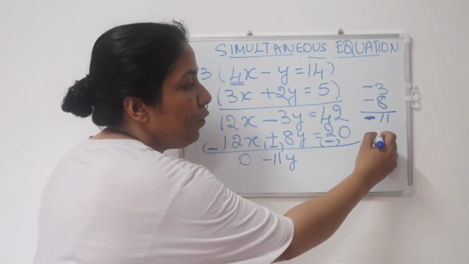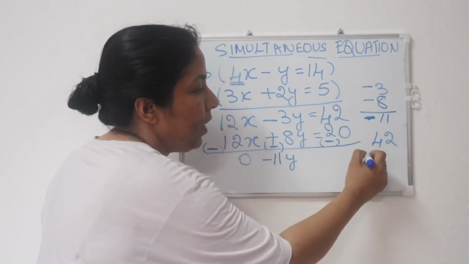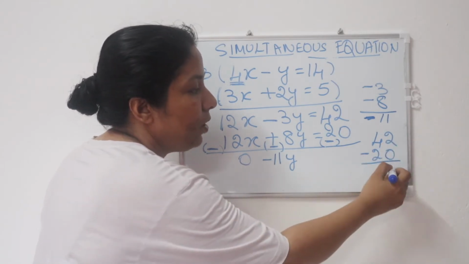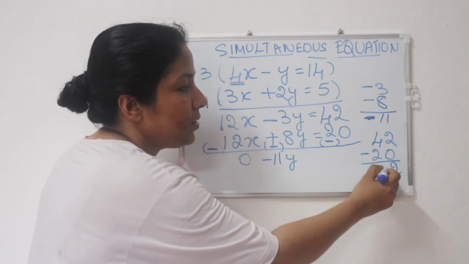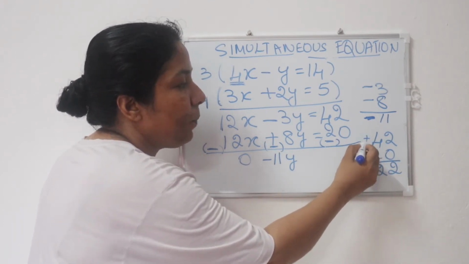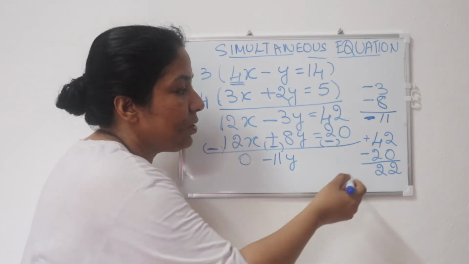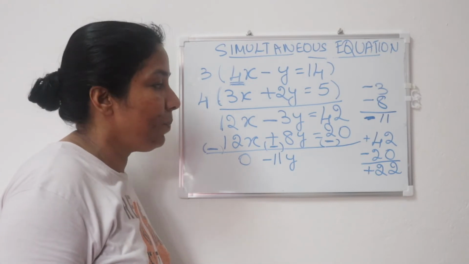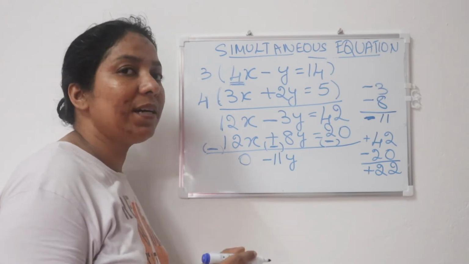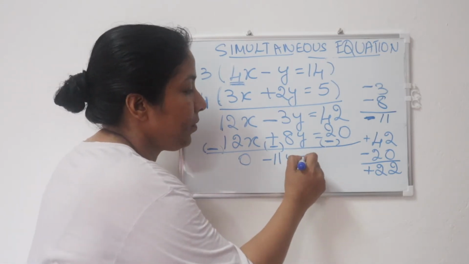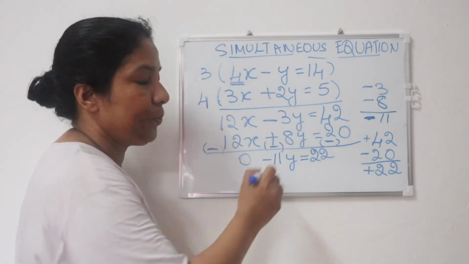And here you have 42, you have to subtract 20. When you subtract, 2 minus 0 is 2, 4 minus 2 is 2, and the bigger number has the positive sign, therefore you put the positive sign. Always remember the rule: when you subtract, always consider the bigger number's sign. So it will be 22.